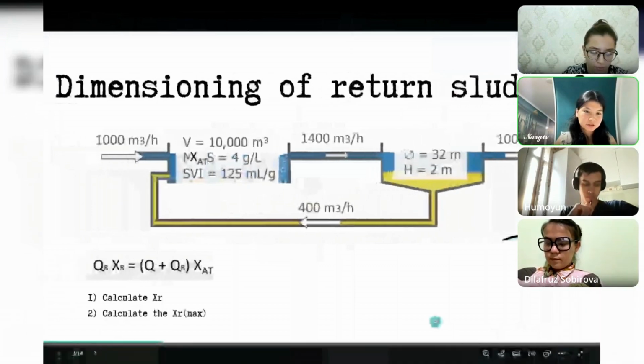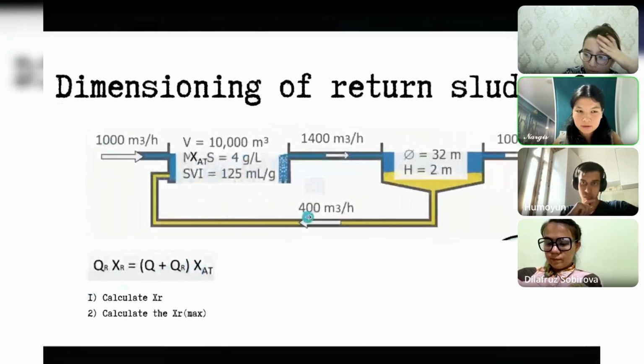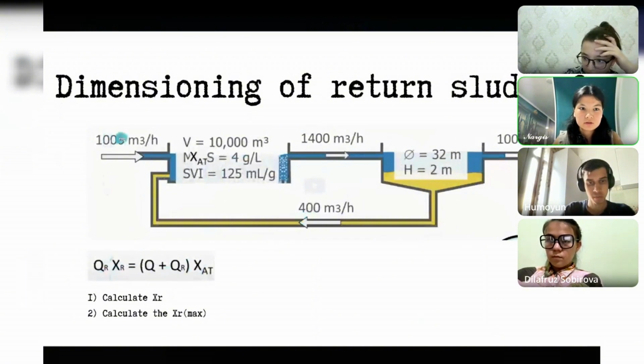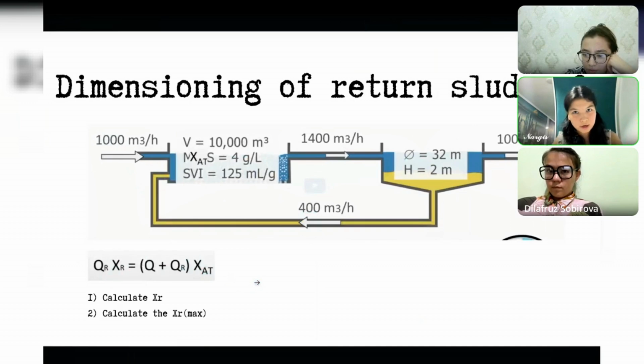So basically, what are we doing? We're summing Q plus QR, which is 1000 plus 400, we get 1400, and we divide it by QR again and multiply it by XAT. So 1400 times 4 divided by 400, and at the end we get 14.